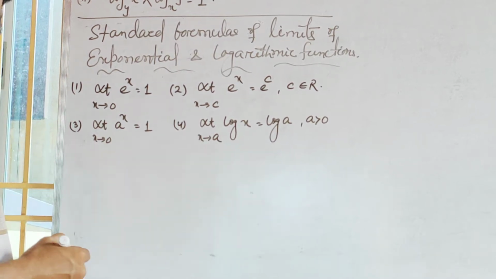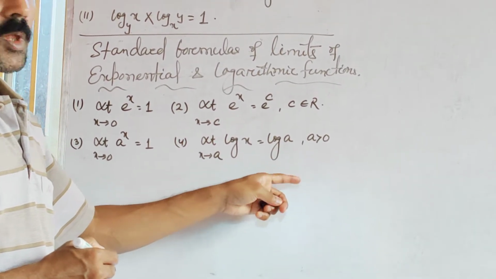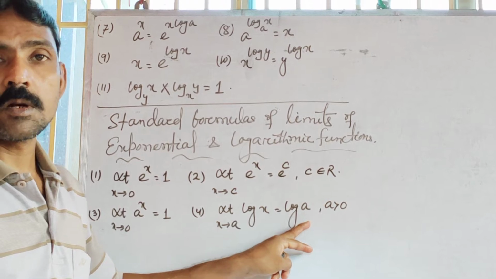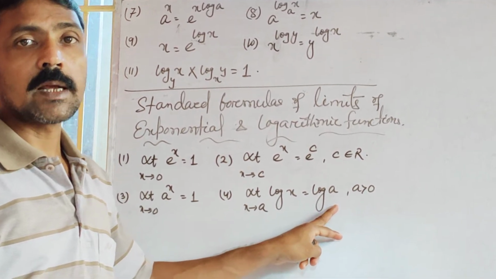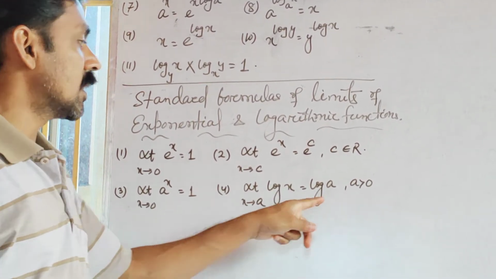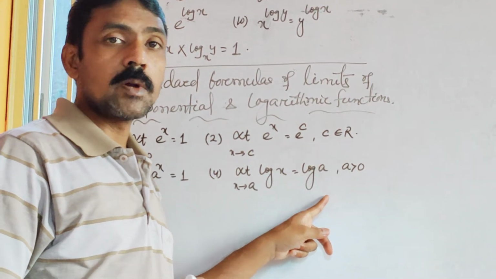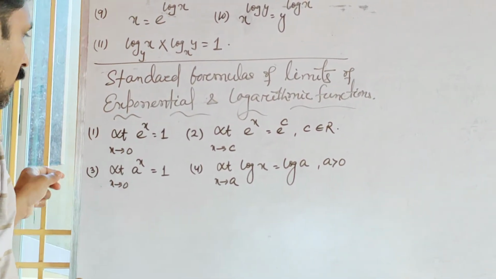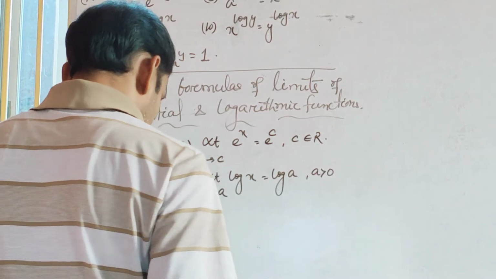Now it should be noted that when no base is mentioned in logarithm, it is always taken as e, that is natural logarithm. e is the base of natural logarithm. So here the base is e.